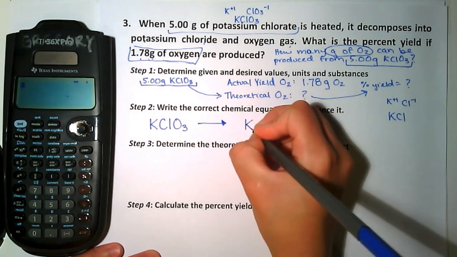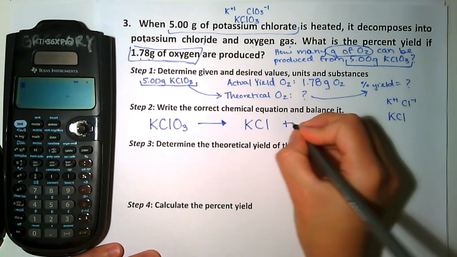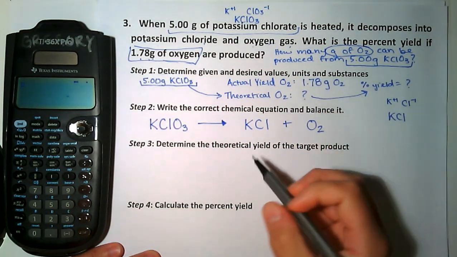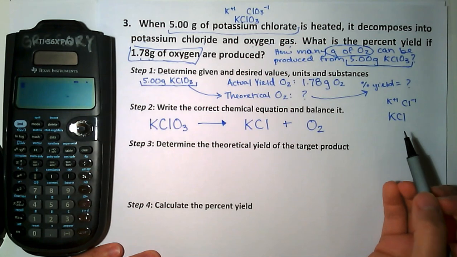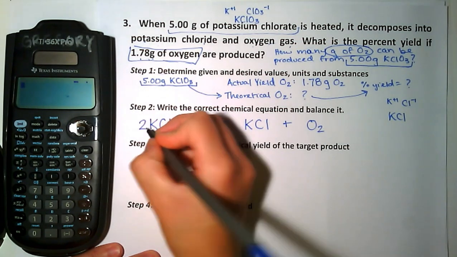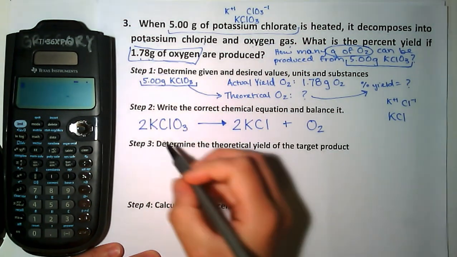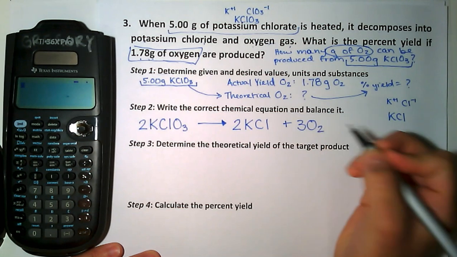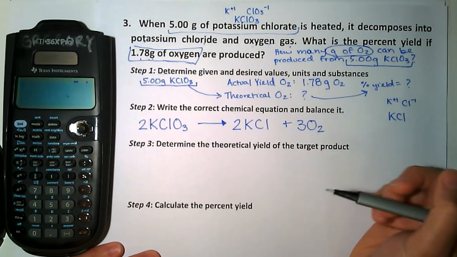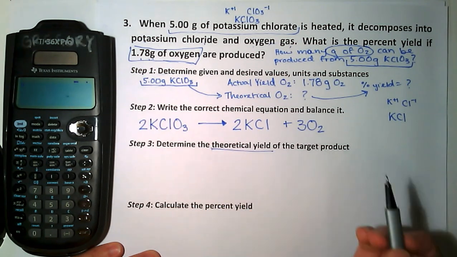So KCl is one of our products, and oxygen gas, O2. Now we need to balance our chemical equation. We have an odd number of oxygens, so we put a 2 there to make it even, and that means we need to put 2 in front of KCl and a 3 in front of O2. So now we have a balanced chemical equation, and we can determine our theoretical yield.